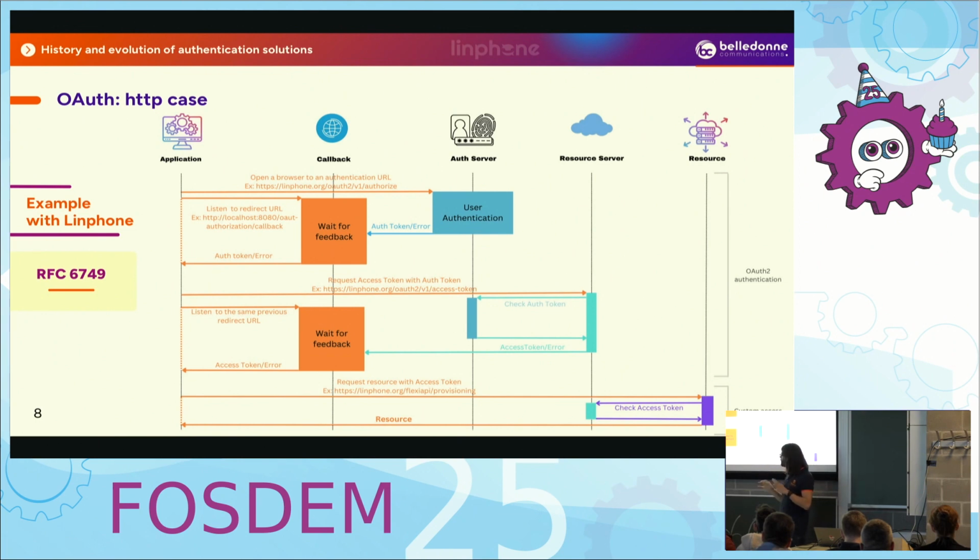Then the Linphone application gets back the authorization token, and the Linphone application presents this authorization token to the resource server in order to get the access token, and this access token is then used for an HTTP request, which in this case is used to get the remote configuration of the application.